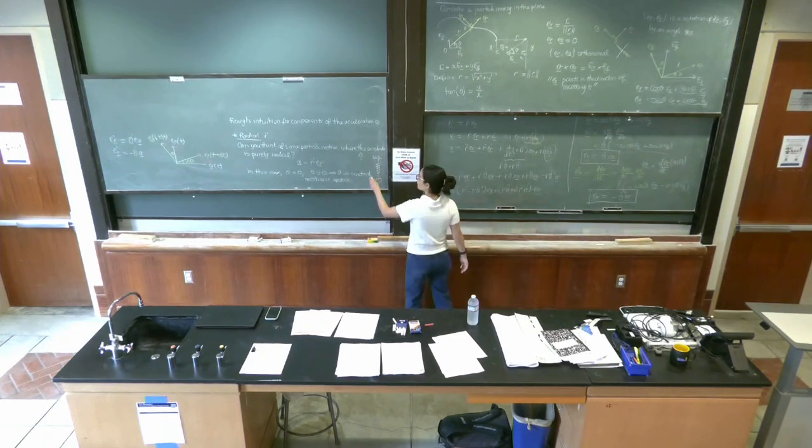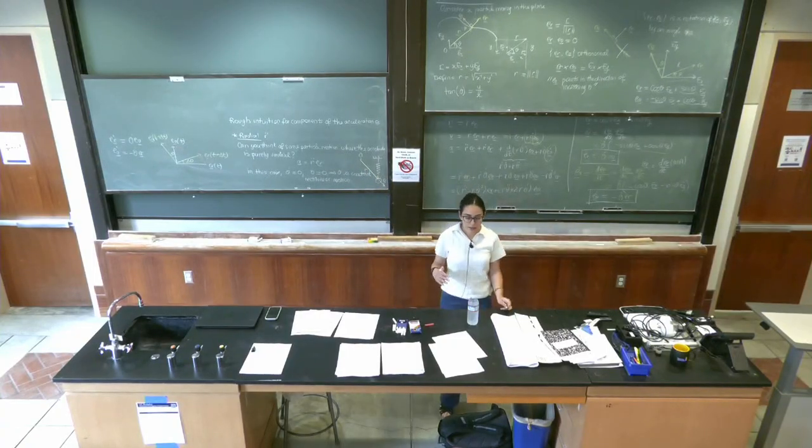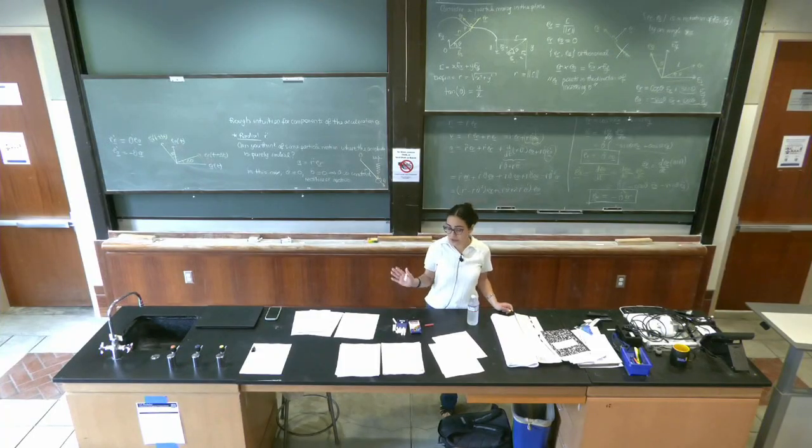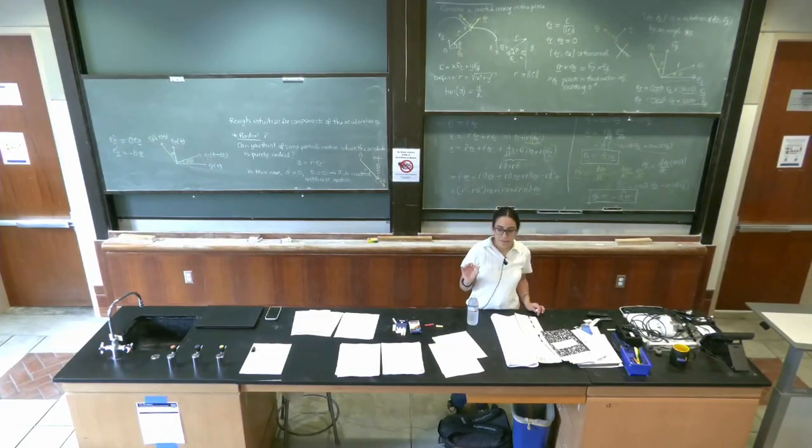Well, first I have to draw my position vector, and e_r is going to be like this. Then is the acceleration of this particle now going to remain purely radial if I shift the origin? No. So this intuition is not foolproof.